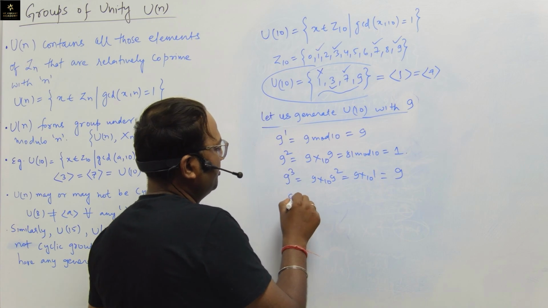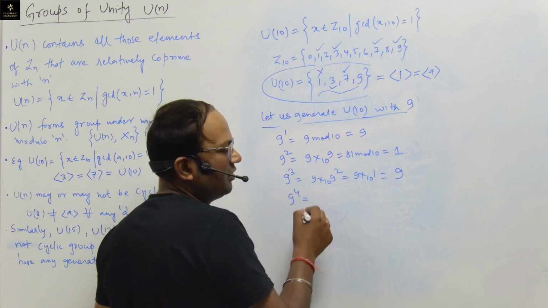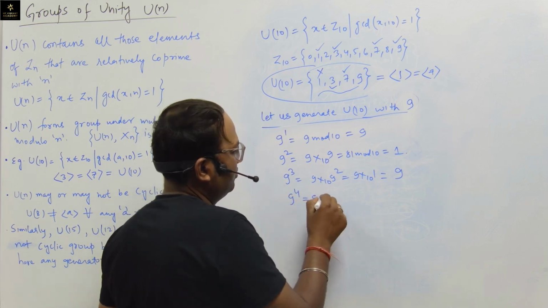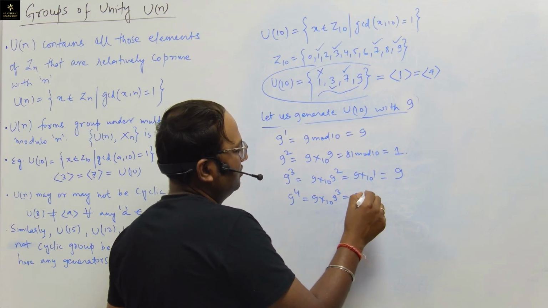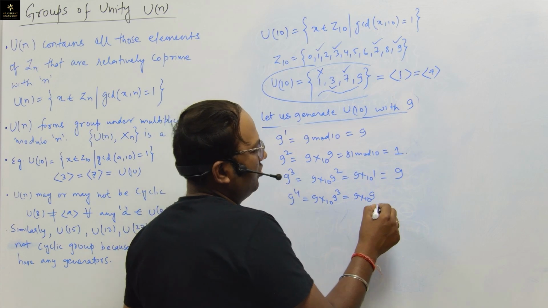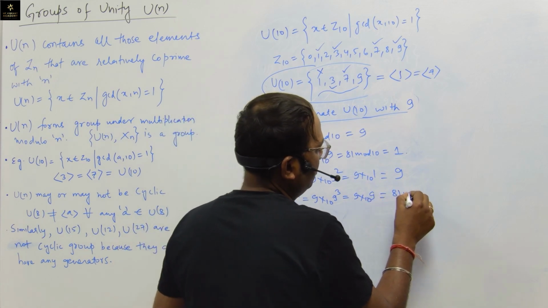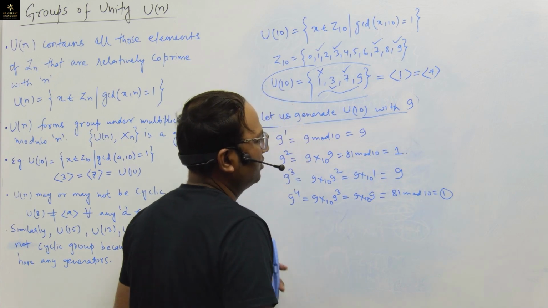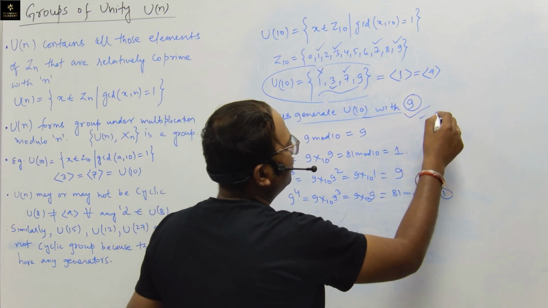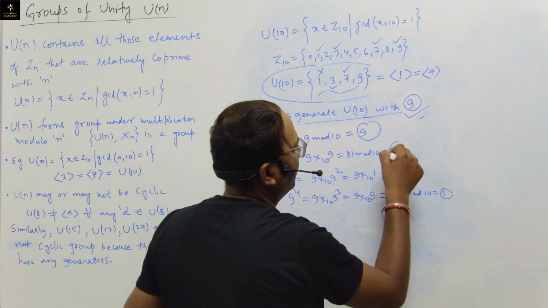Now let us operate this 4 times: 9 to the power 4. This is 9 cross 9 cubed, which is 9 cross 9, 81 mod 10. This is 1. So the elements are getting repeated. 9 is generating only 2 elements, that is 9 and 1.